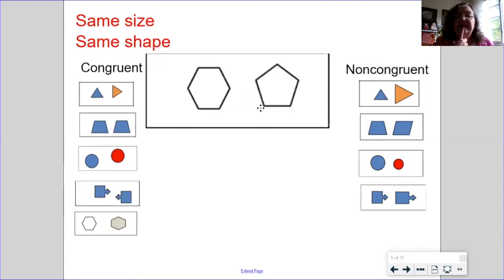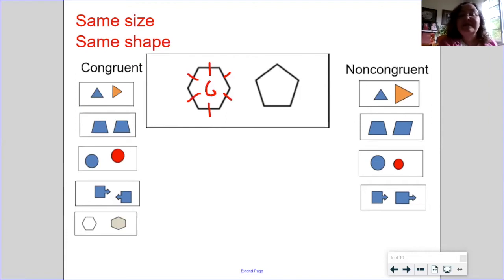Let's look at this. There are two strategies here. I could either trace over them, or I might go back to what we were talking about with shapes and count the sides. 1, 2, 3, 4, 5, 6.